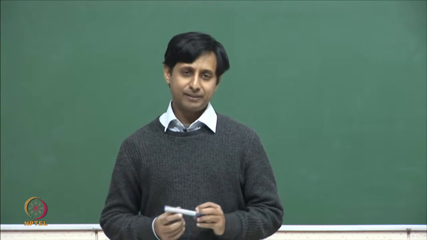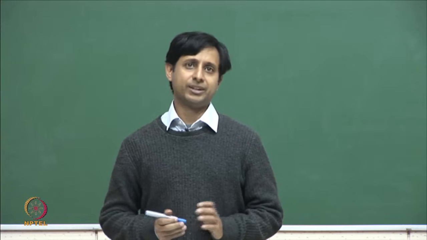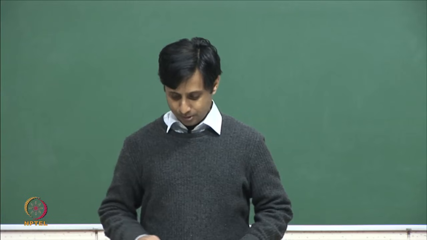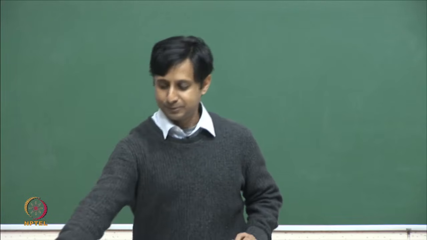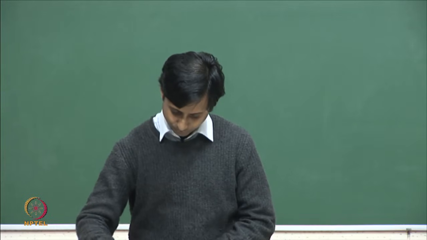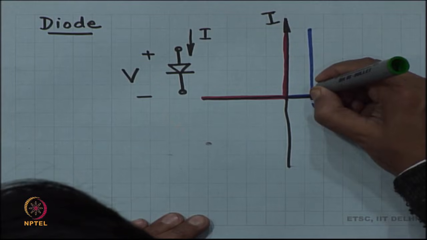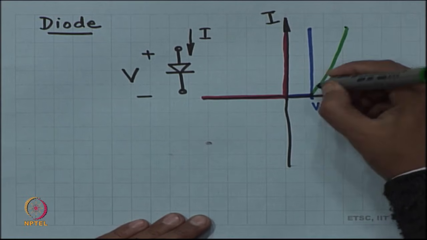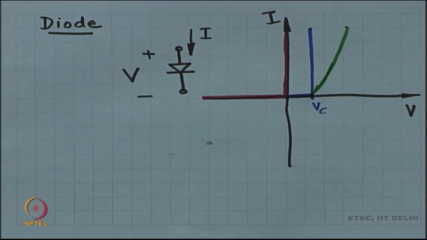Then the device manufacturers say that no, they can't give me this either. They are going to do one more round of abstraction. The next level of abstraction is something that rises above Vc, but not vertically. Okay, it rises smoothly.